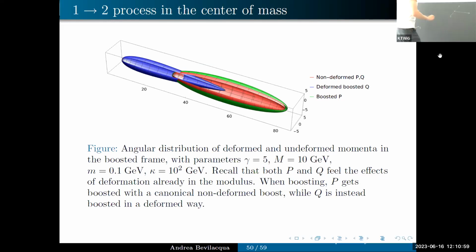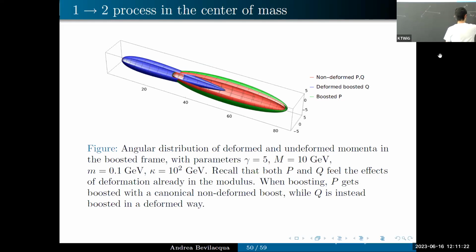Now, in the deformed case, they're already different here. After a boost, P gets this, but Q gets something different.